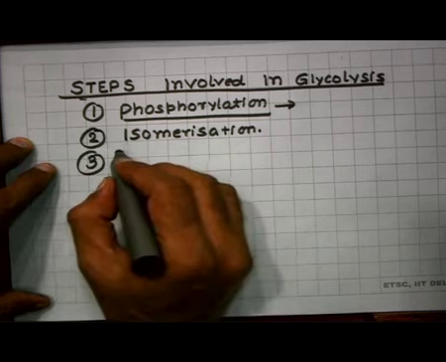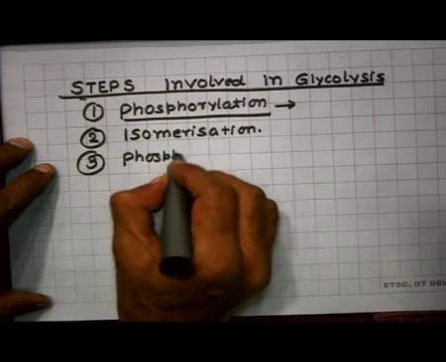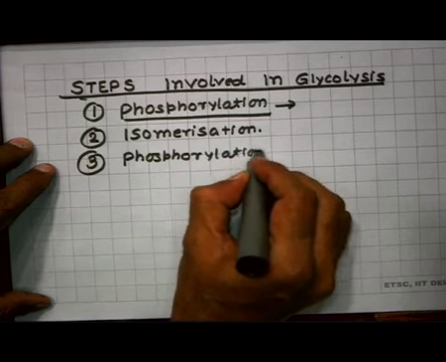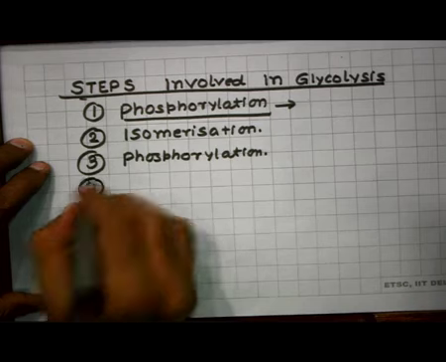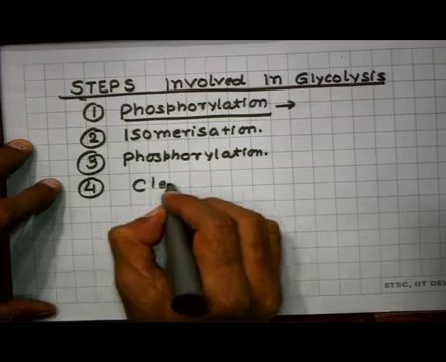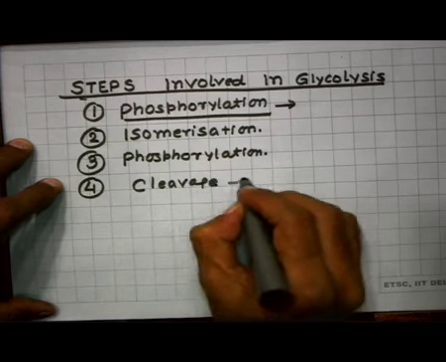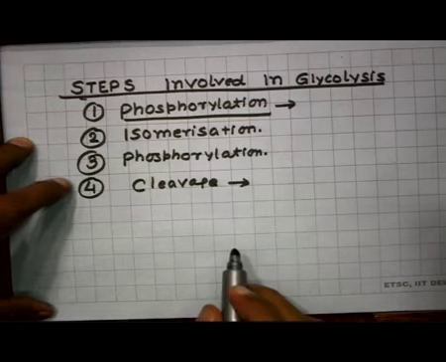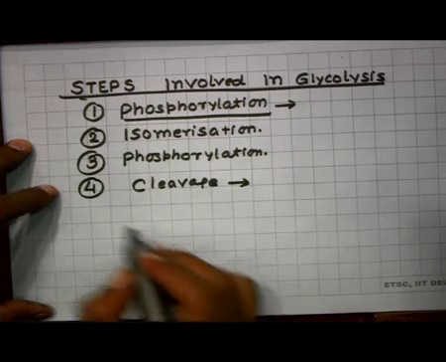The third step is again phosphorylation, and the fourth step is breakdown, that is cleavage. Here the fructose 1,6 diphosphate breaks down into 2 molecules of 3 carbon compound.